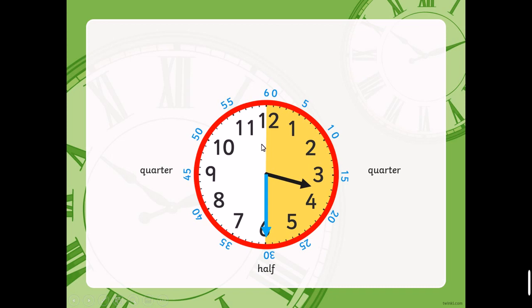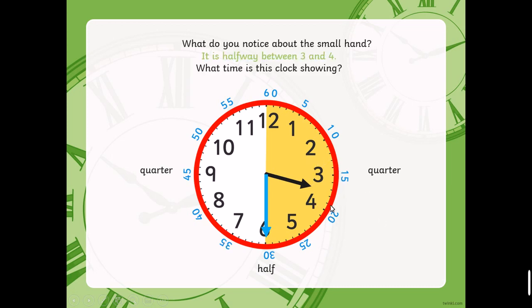And because it's still within the section of the clock where we talk about past, so remember for the first half, we say the time is past the hour, and then the next half, we're counting down to the next hour. So it becomes to the hour. Let's have a look. What time do you think it is? Well, it's still within the hour 3, so it's half past 3.